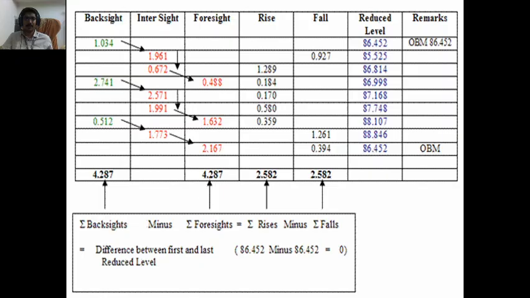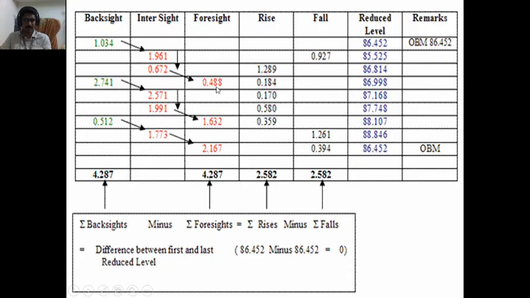Here the tabulation looks like this: instead of the height of instrument column, here there are two columns, rise and fall. So here the determination of RL is different. First reading to the next, this minus this, if it is negative, put it in fall. This minus this, if it is positive, put it here.